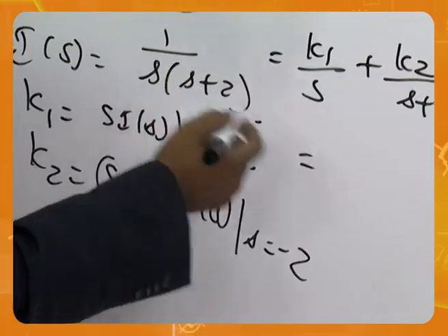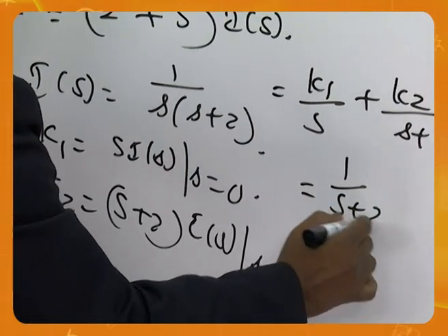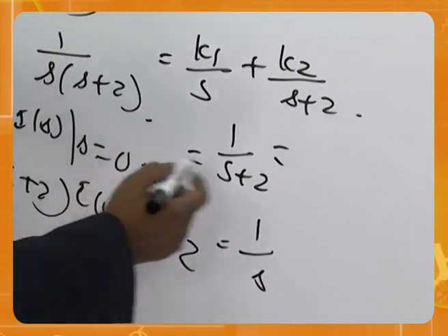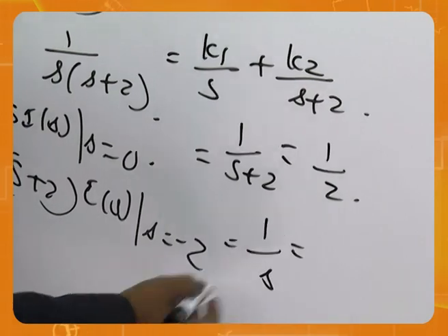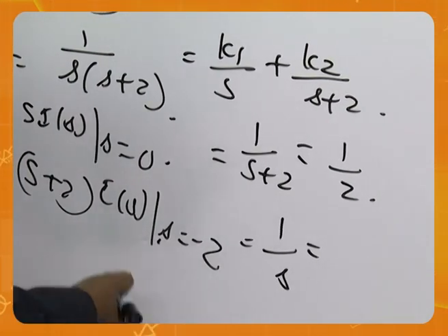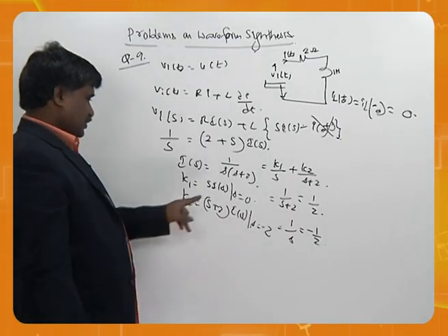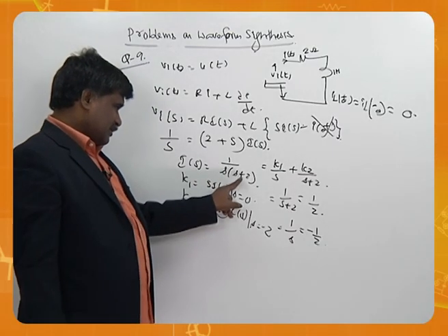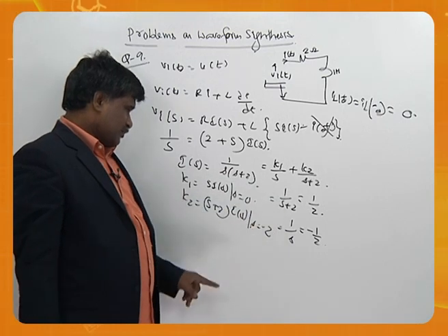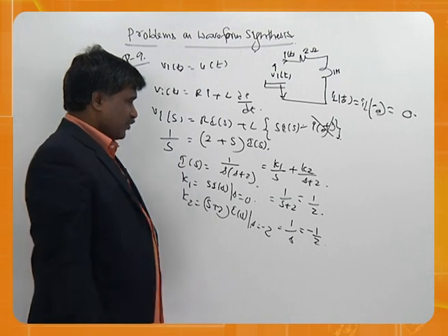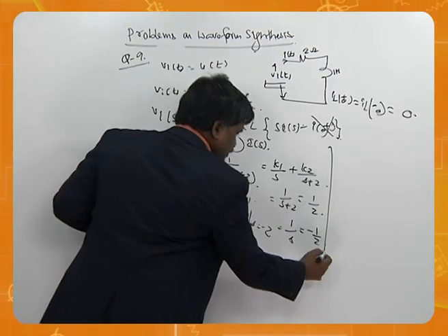If you cancel, s plus 2 cancels, leaving 1 by s. At s equal to 0, it is 1 by 2. At s equal to minus 2, it is minus 1 by 2. If you multiply, the s cancels, and the s plus 2 factor will come as 0. Therefore, you are getting these values.